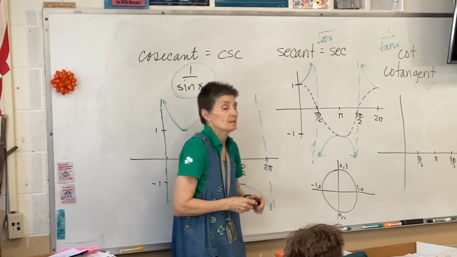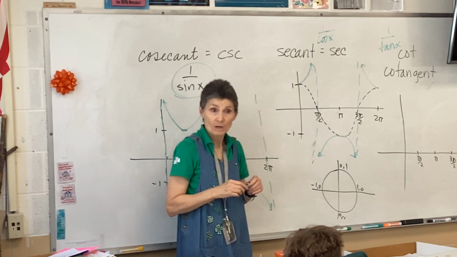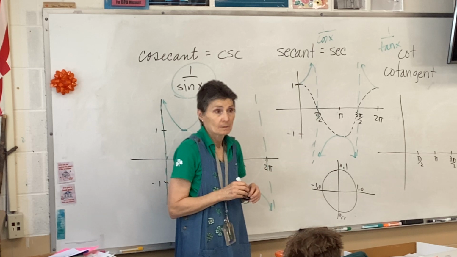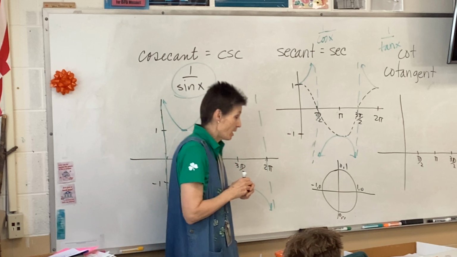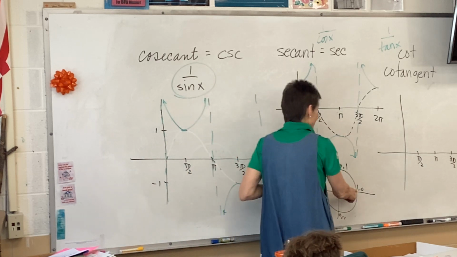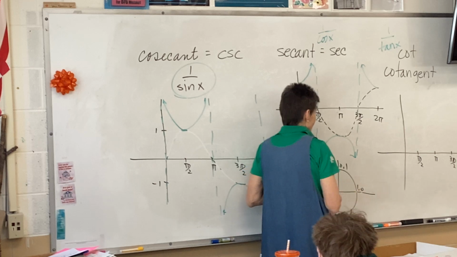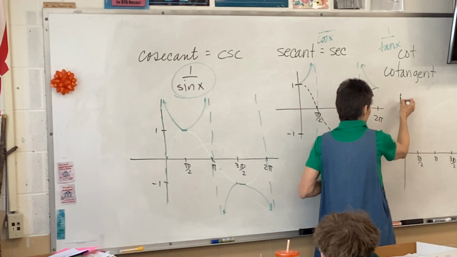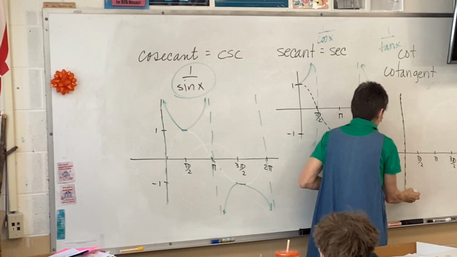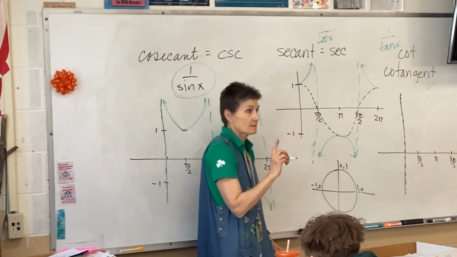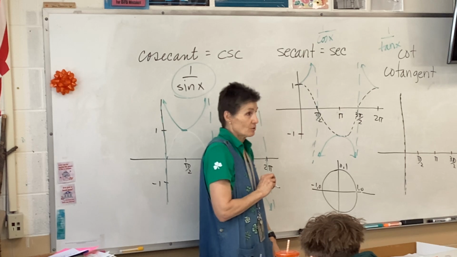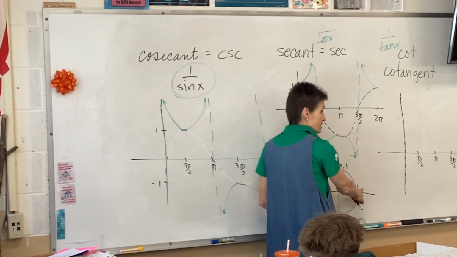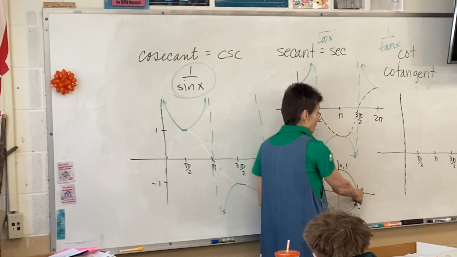If tangent is y over x, then cotangent will be x over y. Alright, what happens? That's undefined. So the cotangent is going to have an asymptote at 0. The tangent does not have an asymptote at 0. But the cotangent does because it's x over y.